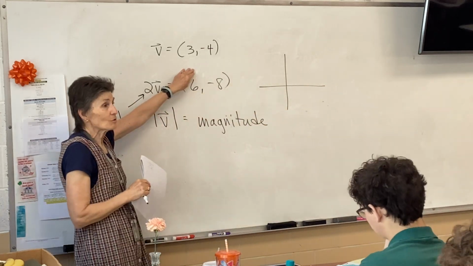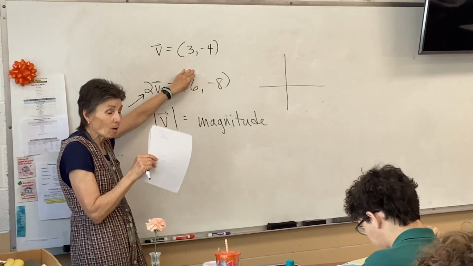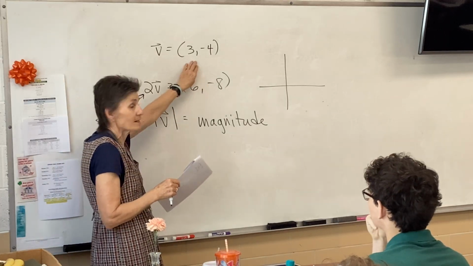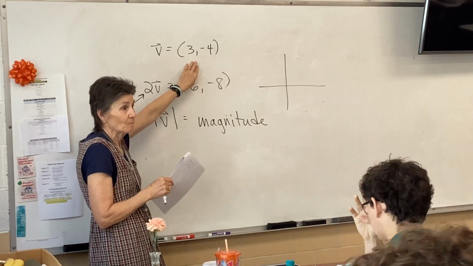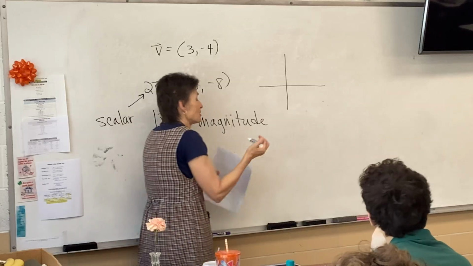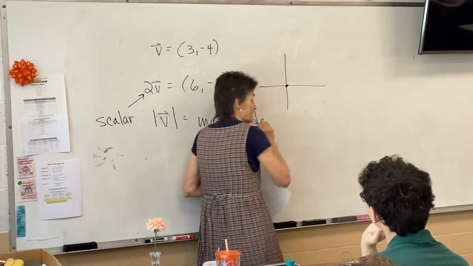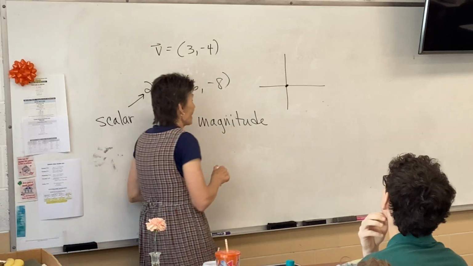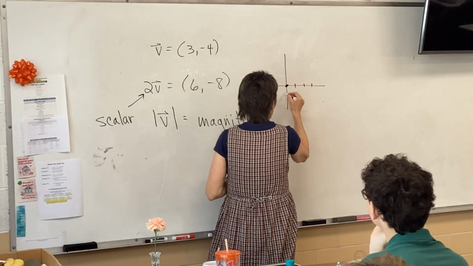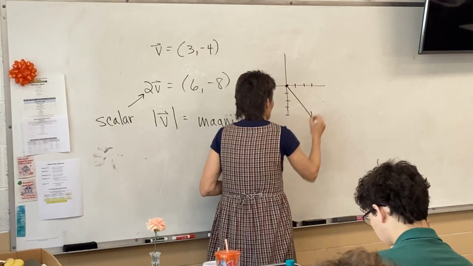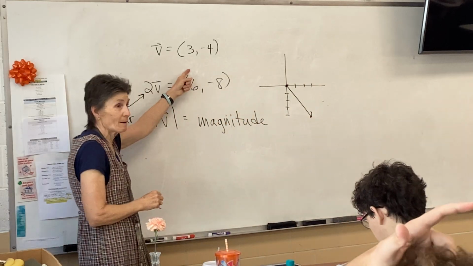Remember that a vector tells me how I am moving. So I'm going to pick a random point to start. This does not tell me where I start and end. It just tells me how I get from A to B. So I'm just going to start at the origin. That makes the most sense. That's the easiest for sure. If I go right 3 and down 4, that would be the vector that I'm talking about right here.